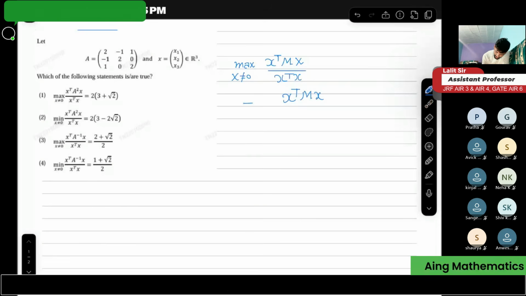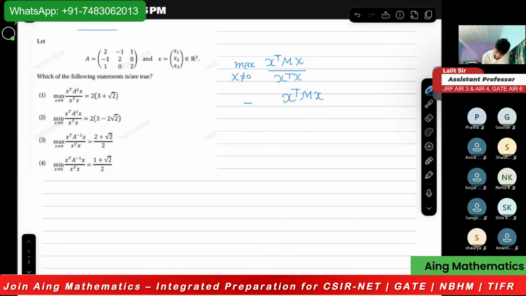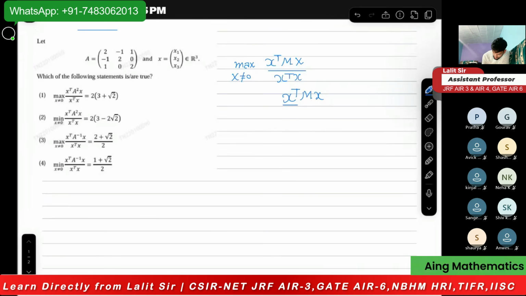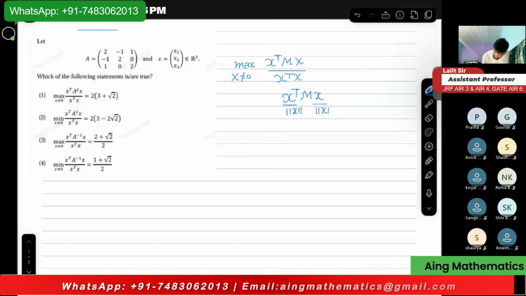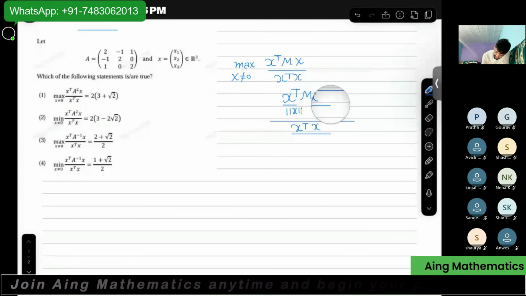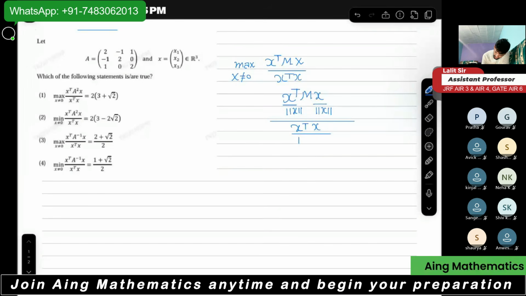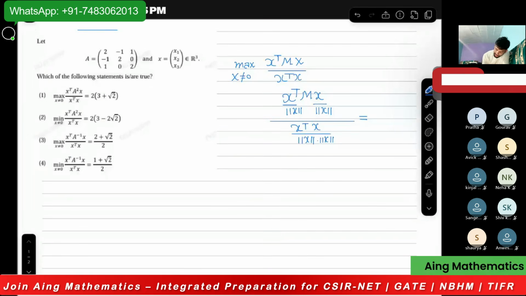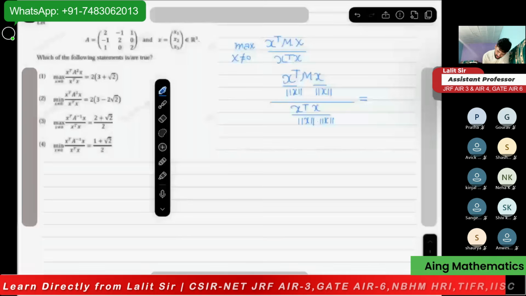So see, let me do it roughly. Norm X, X transpose X, norm X. So this number, where X is a non-zero vector, what is this going to be?